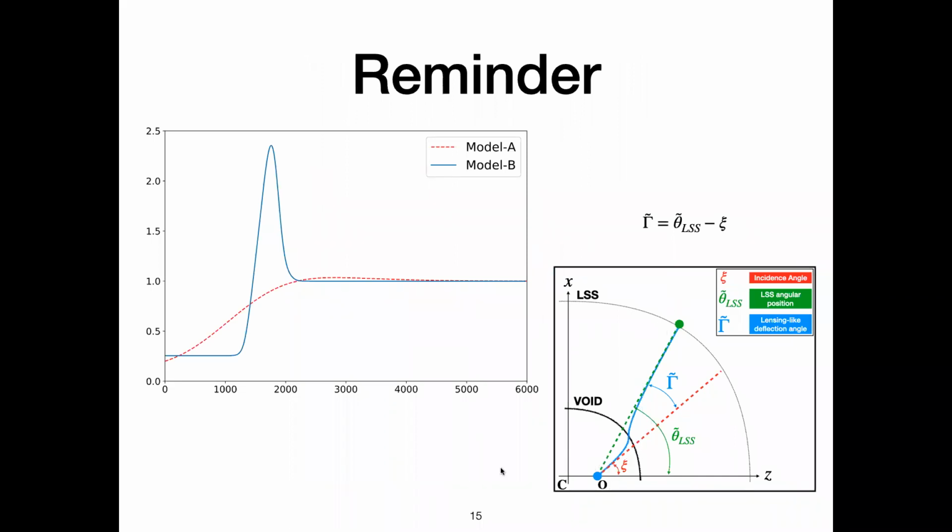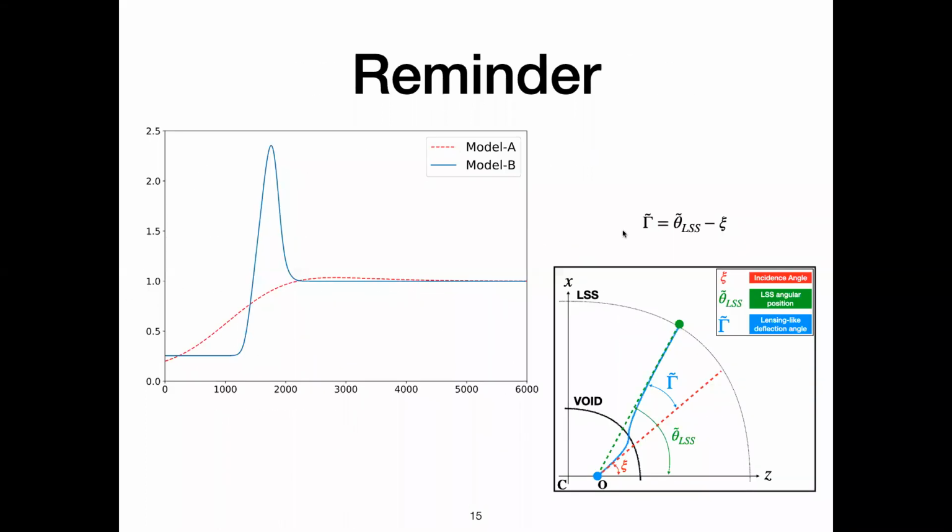There are two models which I've considered for this work, model A and model B. Model A is a smooth transition from a low matter density to a high matter density, and model B is a discrete transition, so the matter which was supposed to be inside the void region is accumulated at the edge of the void. These differences do not cause any large effects in the study, but we just need to know.